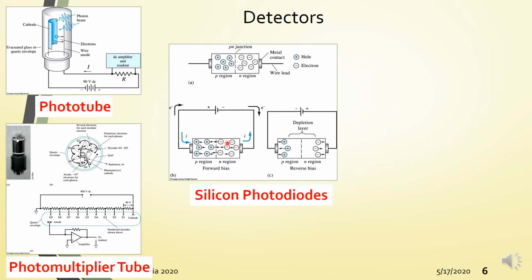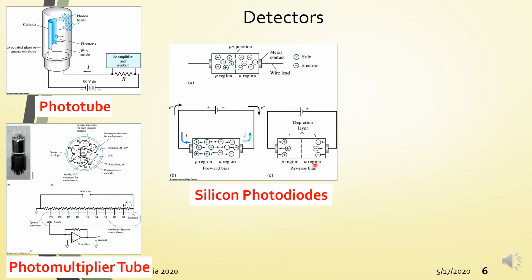So if you have a forward biased photodiode, you can see here that the current is allowed to move only in one direction. But if you have reverse bias, your diode becomes a resistor, which prevents the flow of electrons. Now, this is the one being used as a photo detector, the photodiode.